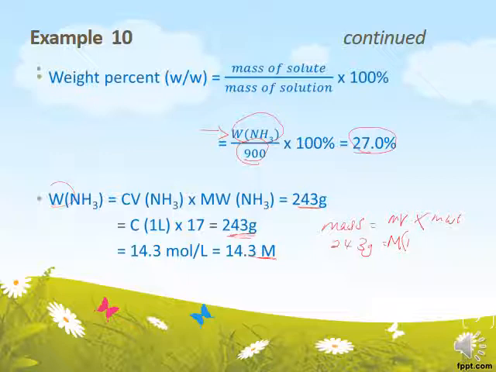Volume, let's say 1 liter. Molar mass is 17 gram per mole. So bring this here, and we should be able to solve molarity in 1 liter, which is 14.3 mole per liter.